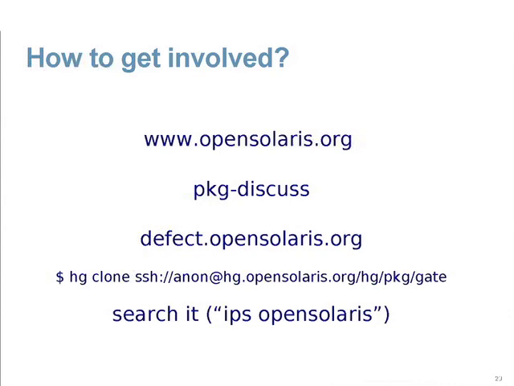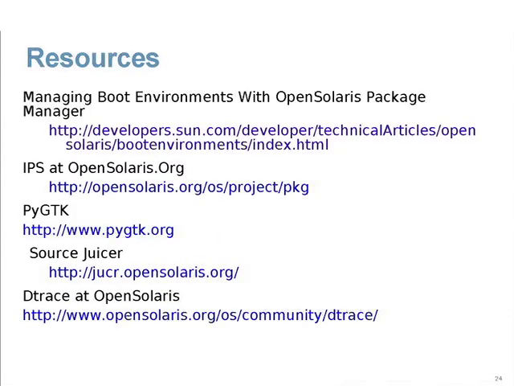This will really allow us to improve the product. You can also check out the source code from the pkg HG repository. Before doing that, you need to install the Mercurial package. Or simply search in some web browser for IPS OpenSolaris, and then you will find dozens of information about IPS. This is a very hot topic at the moment because everyone is interested in how to install packages.